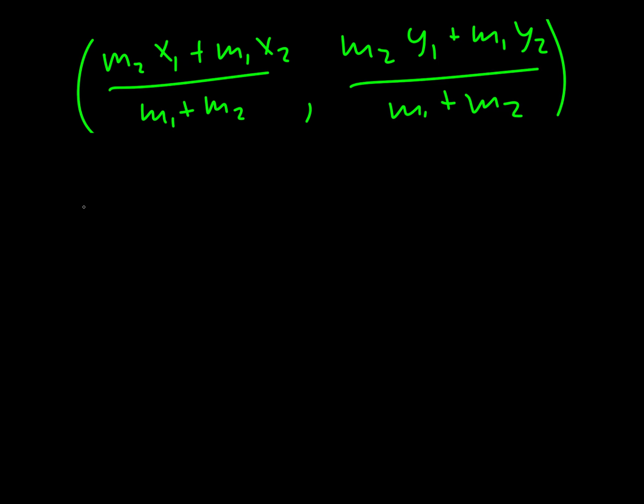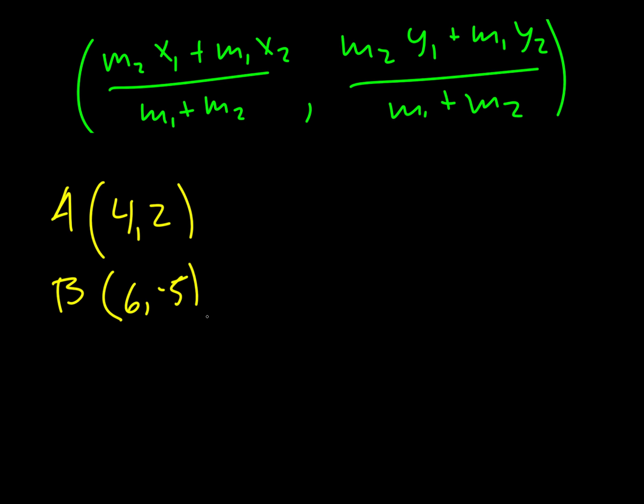This time we have A, which is 4, 2, B, which is 6, negative 5, and then we have point C, which we don't know, but we know AC and CB are in a ratio of 3 to 1. So AC to CB is 3 to 1, and we want to find C.